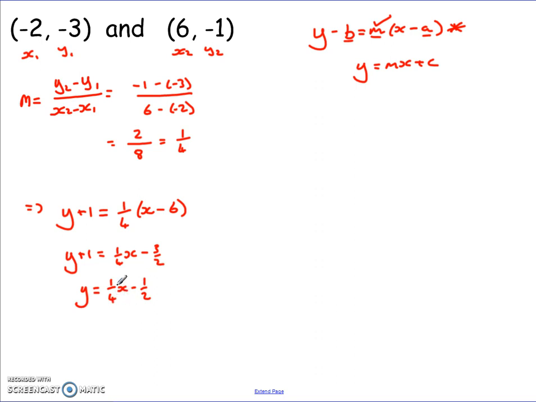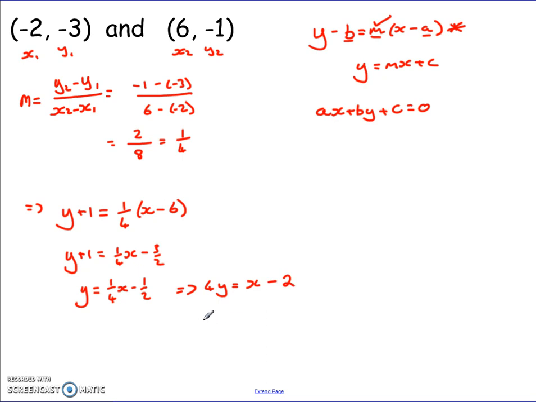Now, that's one way of leaving it. Another way of leaving the general equation of a straight line is ax + by + c = 0. So I could take this and manipulate it that way. If I get rid of the fractions by multiplying everything by 4, what I'd end up getting is 4y = , well, a quarter x times 4 is just x, take away a half times 4, which is 2.